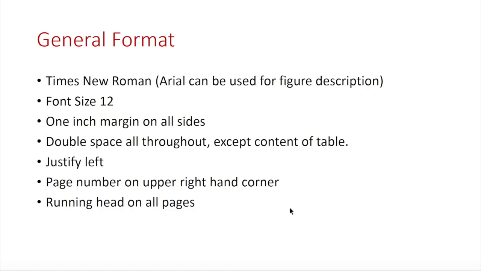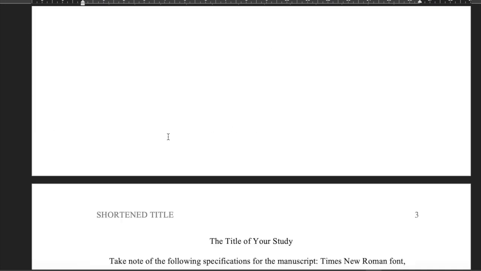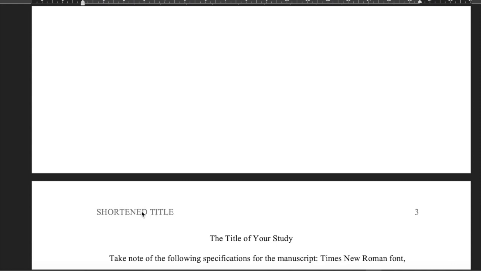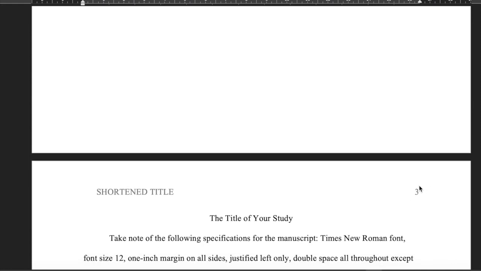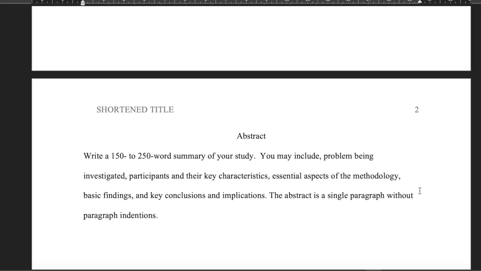Okay, and then running head on all pages. So this is the running head. I will talk a bit about this later on, and also put page numbers on the upper right corner of every page.